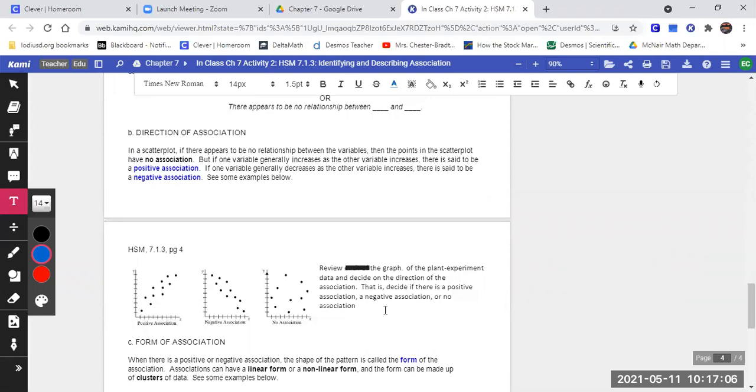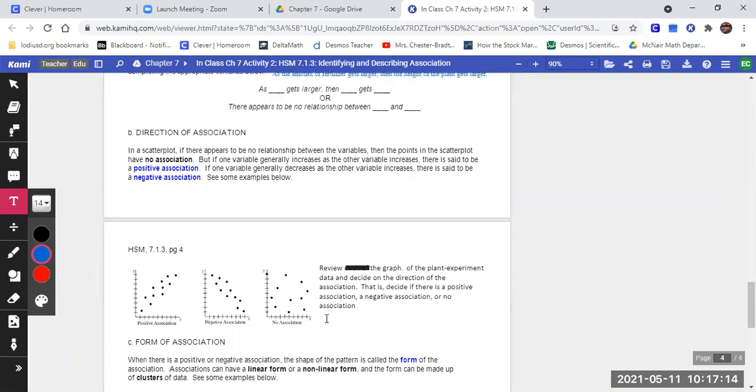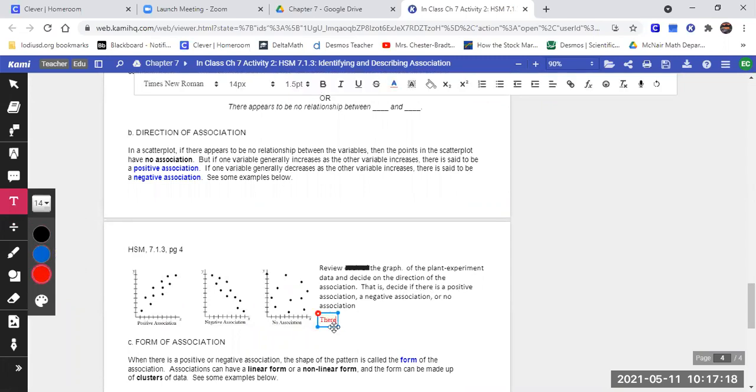Okay, so we have to use a sentence. Decide if there's a positive association, negative association, or no association. So what are we saying? There is what kind? Positive, negative, or none? Positive association. How to spell?